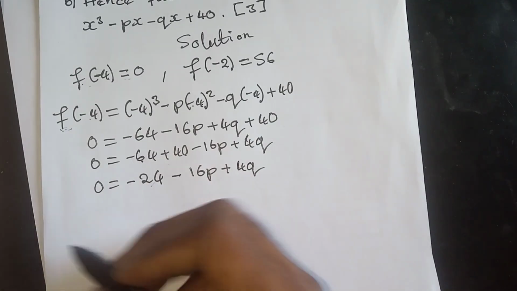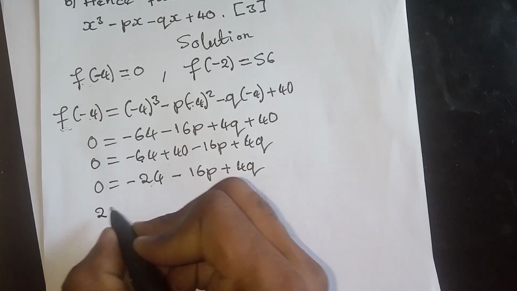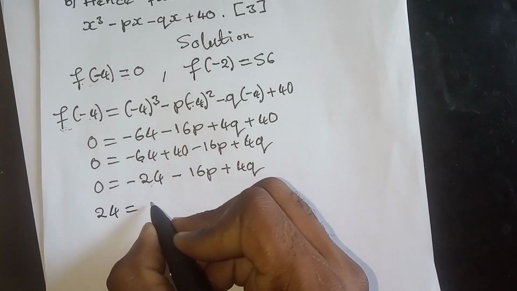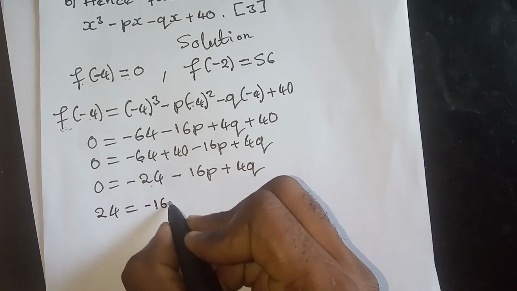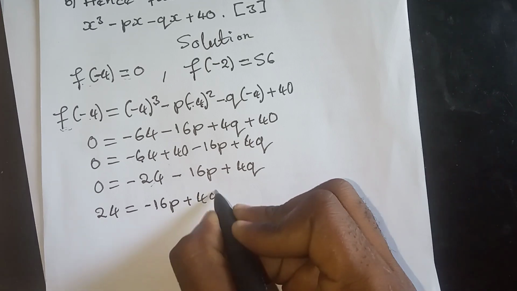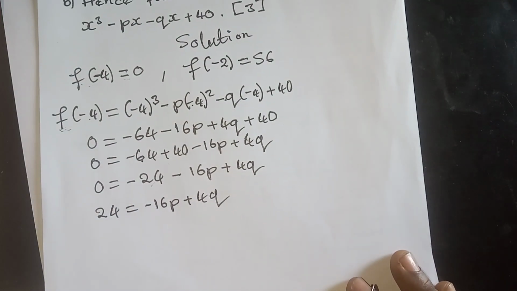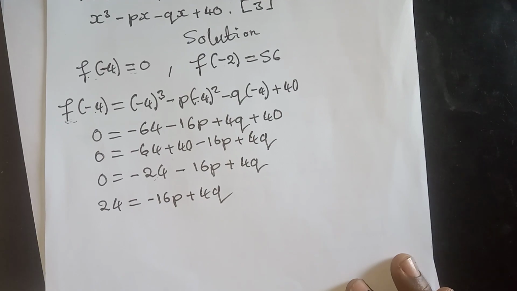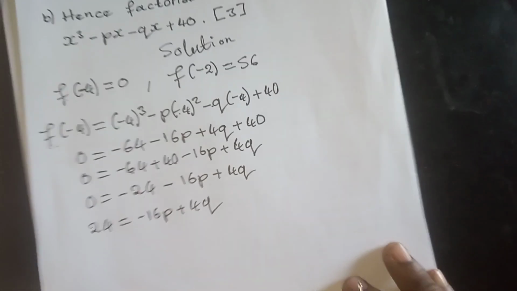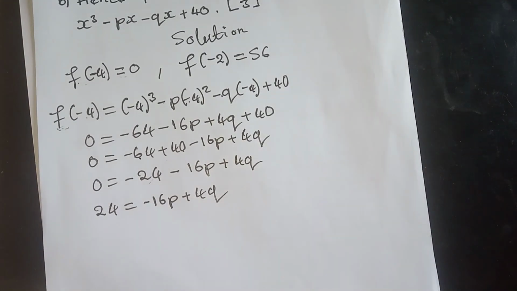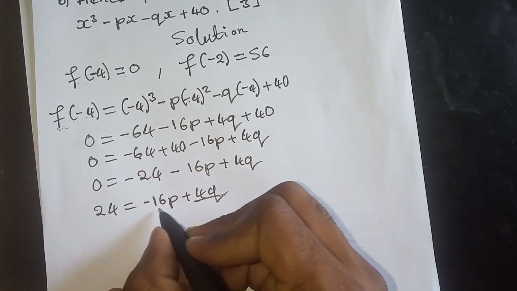So I can take this one this side, so that we have 24 is equal to negative 16p plus 4q. So this is our first equation, but you can simplify it further just to reduce your workload ahead.